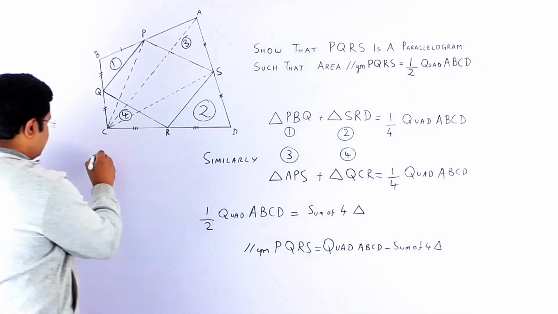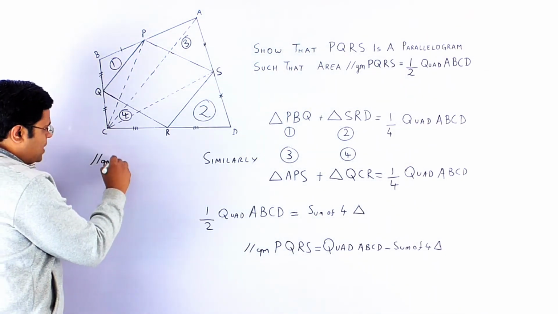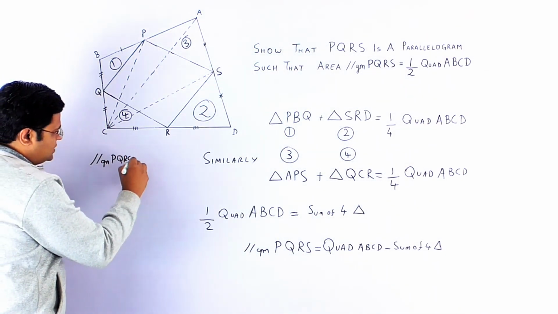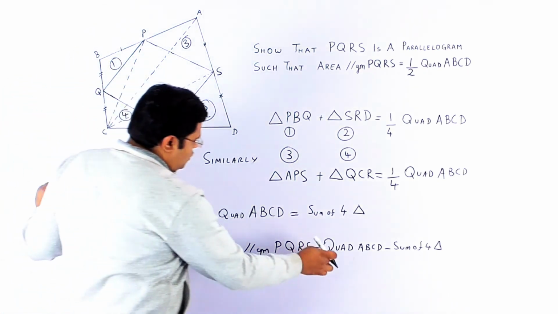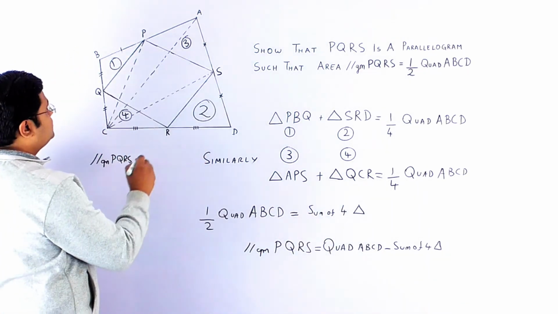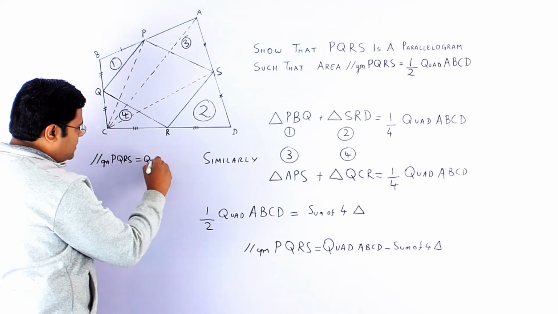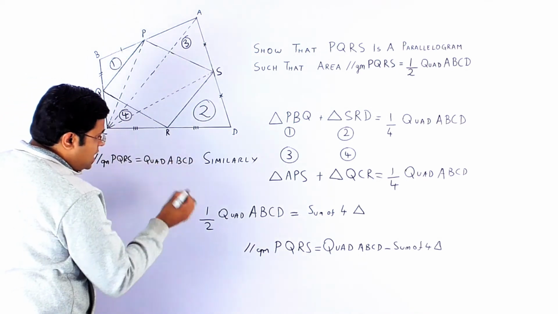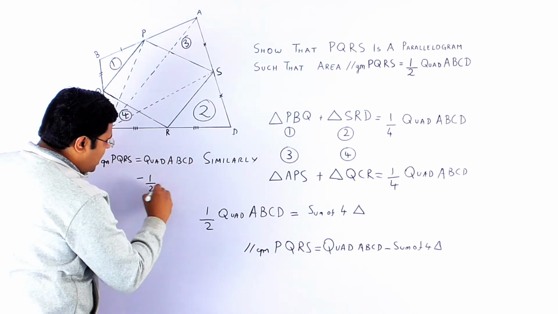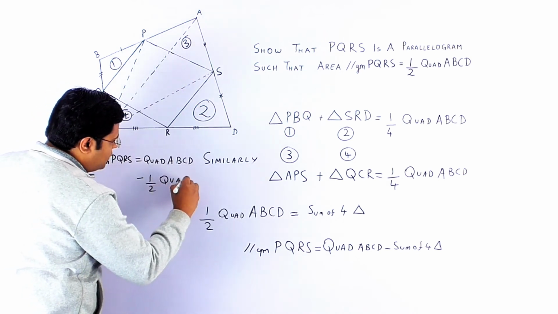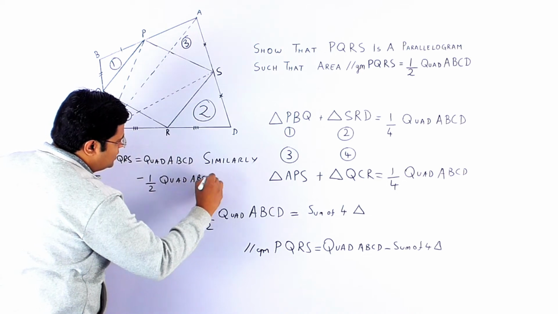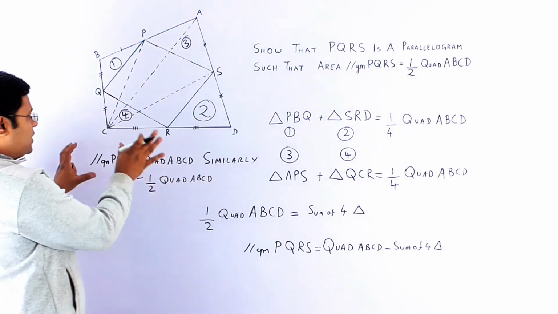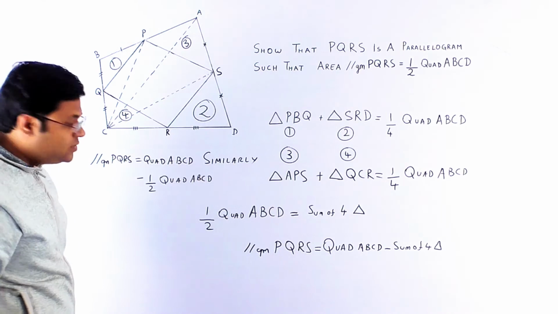So here we get that parallelogram PQRS is equal to quadrilateral ABCD minus half of quadrilateral ABCD. So what is quadrilateral ABCD minus half of quadrilateral ABCD?